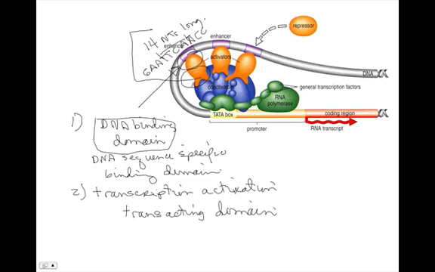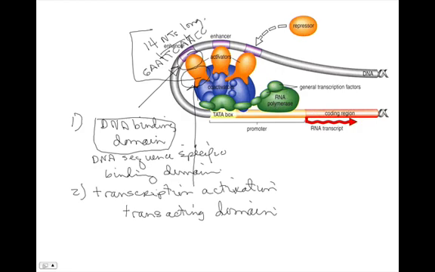And so that's this part here. That is the transcription activation domain, and that's the tail of the protein that's sticky. In some cases, it's sticky, in this example, to some co-regulators. In other cases, it might be directly sticky to RNA polymerase, because the whole purpose of the transcription factor is to regulate the binding of RNA polymerase to the basal promoter and the onset of transcription.